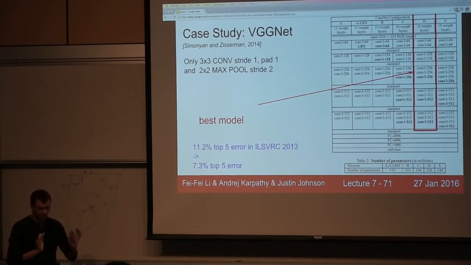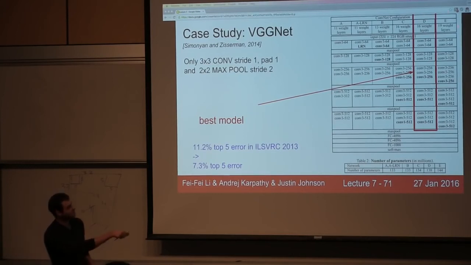That's the only spatial dimensions we're using. Throughout the entire ConvNet we're just using these, and now it's just about how many you put in there. It turned out that a 16-layer model ended up performing best.